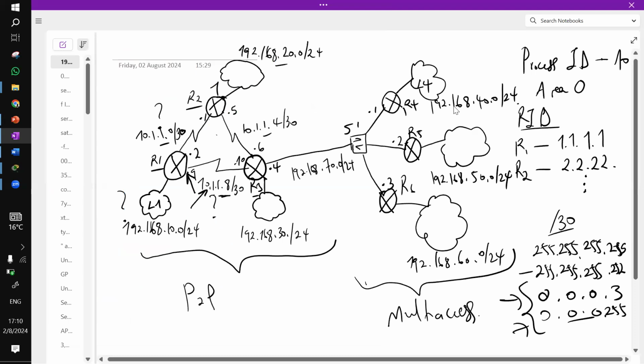My network is 192.168.40 for that network, and for this one it is 192.168.70. So that interface is 70.1, 70.2, 70.3, and we have .4 here. So gig 0/0 is .1. Okay, let's go.